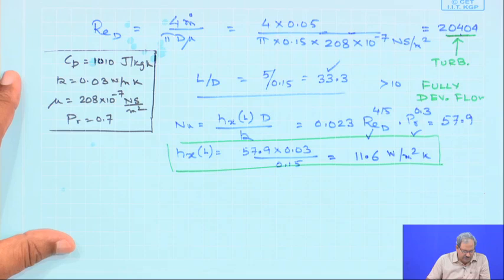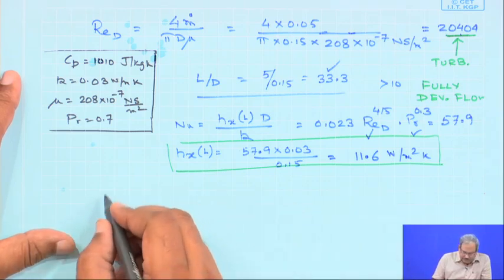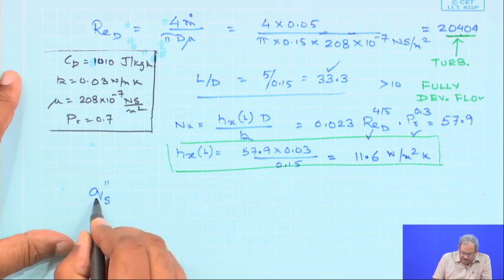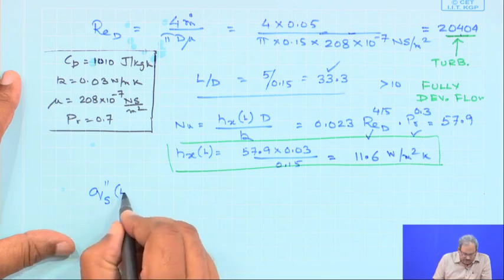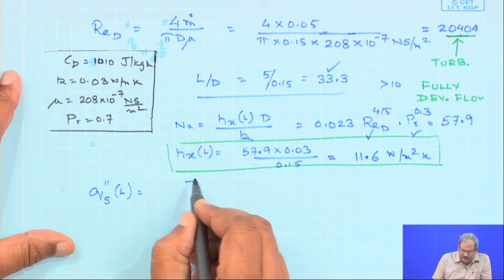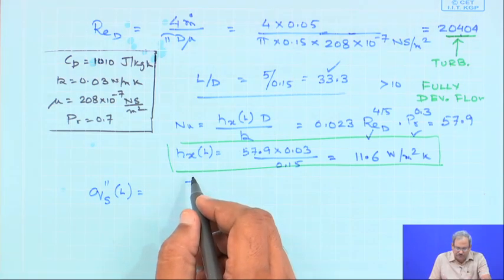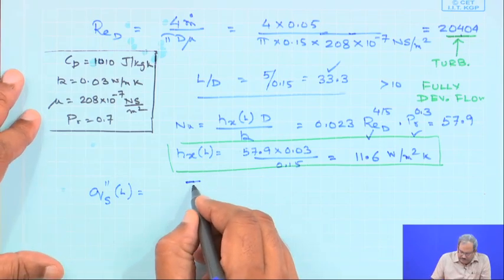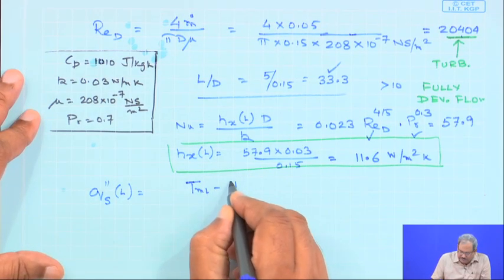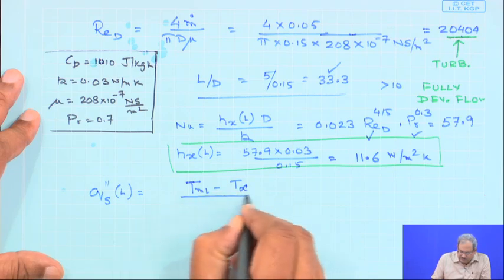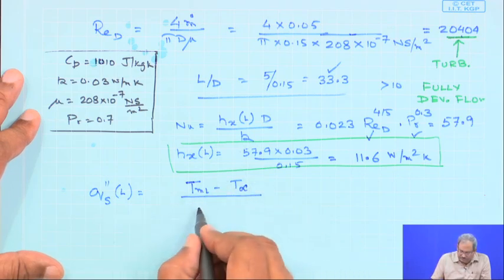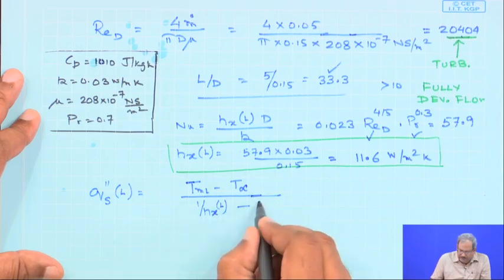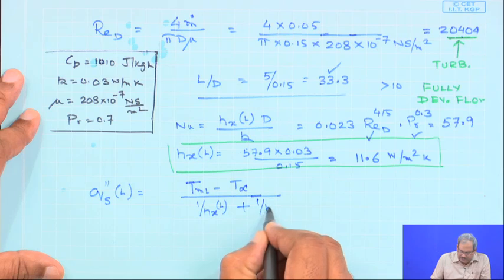So, my heat flux, which is q double prime s, the surface heat flux at location L, as I have shown before, is simply going to be T_m,L minus T infinity, divided by 1 by h_x,L at location L plus 1 by h_0. Recall the figure which I drew on the previous page.